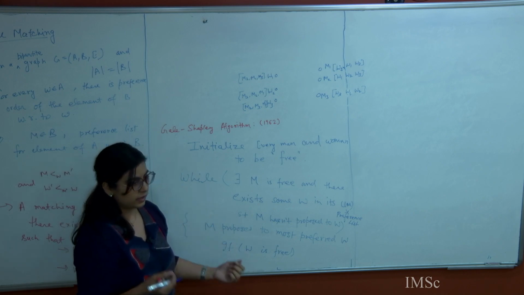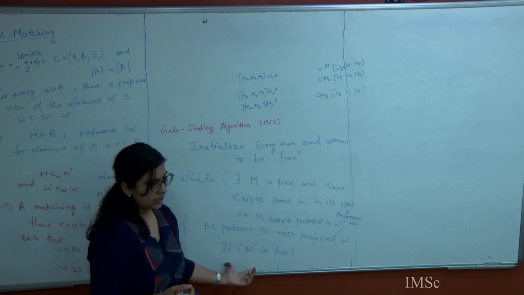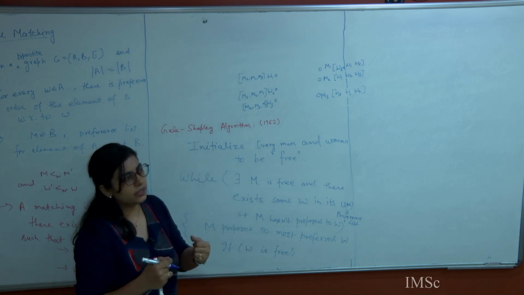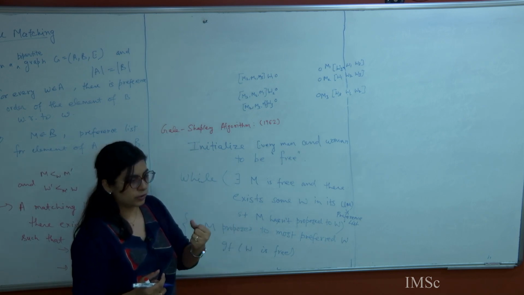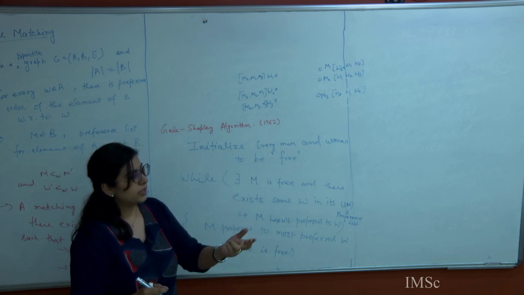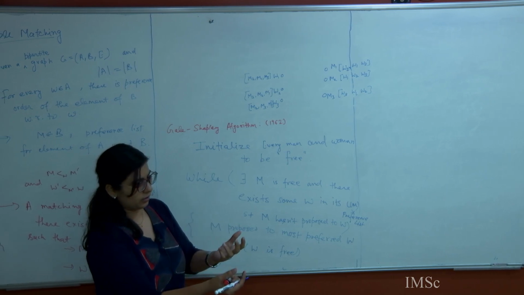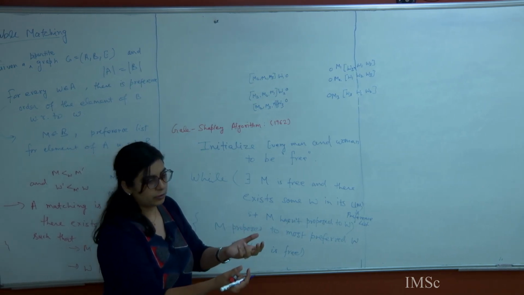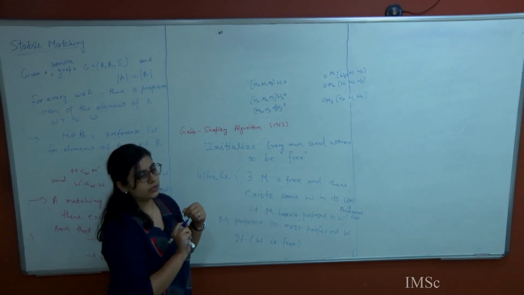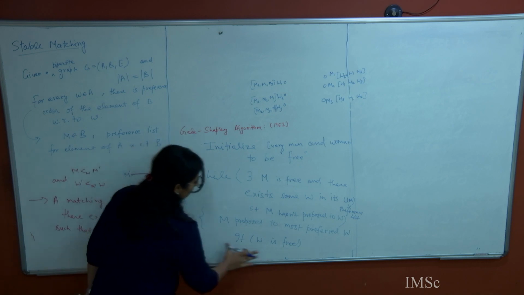If she is free, then she definitely accepts it, and if she is not free and she is matched with some M, then she will see whether the man who has proposed now is more preferable than the current matched partner. If he is more preferable for her, then she will break off with the current matching and go with the new proposal. Okay. So, that is the whole idea.